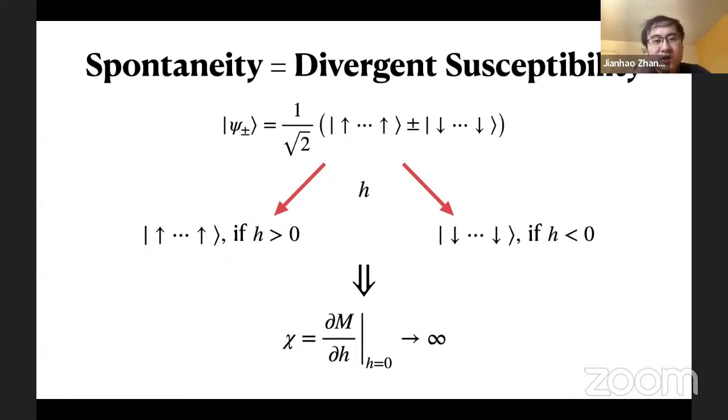With an infinitesimal h, the symmetry property will be completely destroyed, in the sense that the state collapses to either all up or all down, depending on the sign of h. This means that although the cat state is symmetric, this property is pretty fragile, in the sense that a local perturbation can lead to a global change of the whole system. This spontaneity phenomenon can be captured by a divergent susceptibility. In this case, it's the magnetic susceptibility, defined as the derivative of the magnetization with respect to the external magnetic field. That's the formal definition of the magnetic susceptibility for a magnetic system. So spontaneity is a very important property of spontaneous symmetry breaking for pure states.